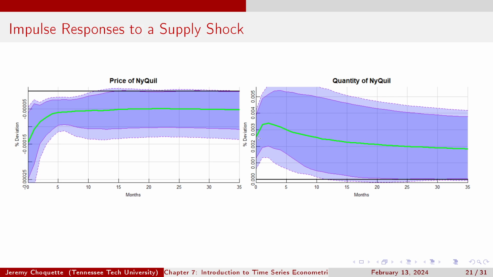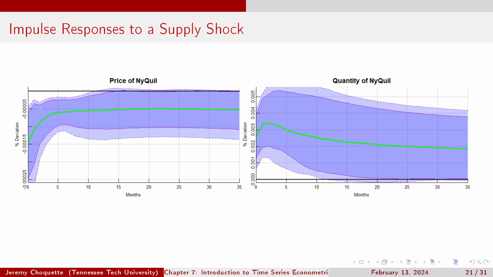It's not a huge increase, but it's a little bit of an increase. So the quantity of NyQuil is above 0. For a supply shock, remember, the quantity increases, the price should be expected to decrease, and that's exactly what happens here. Look, negative 0.0015. The price at t equals 0, where the mouse is right here, drops. Then it kind of increases and sort of levels off.